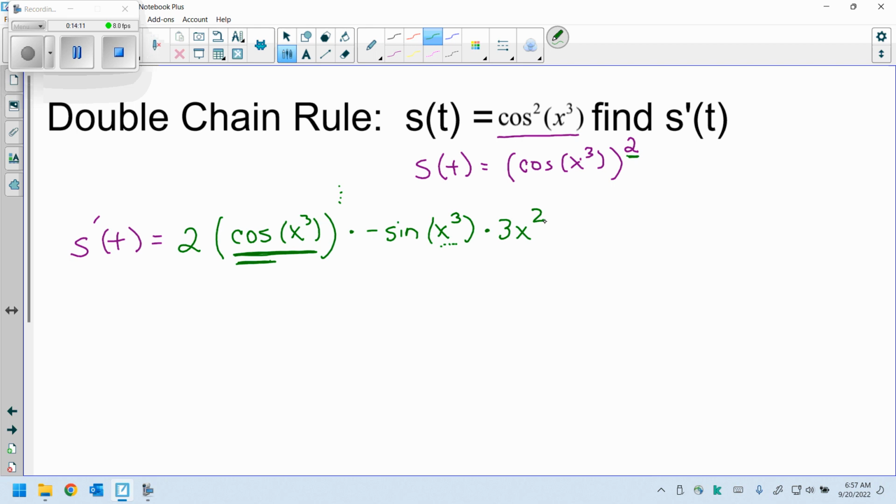Now that might take a little bit of practice. Double chains are tough. Don't run into them very often, but when we do, recognizing and executing those it's tough.